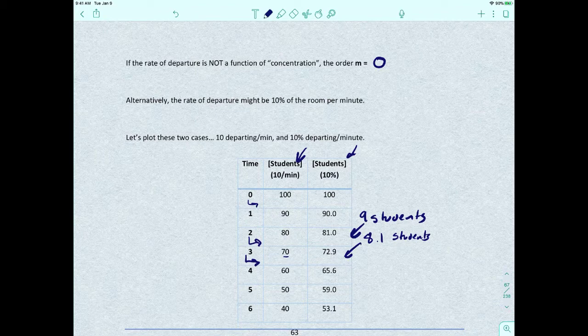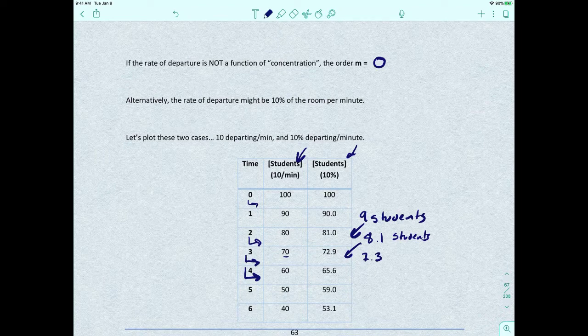So we've actually divided someone, and we have 9/10 of that person. The other 10th is out in the hallway. If we go another minute with a straight 10 students a minute, we're down to 60 in the first case. For the second case, we're down to about 65.6.